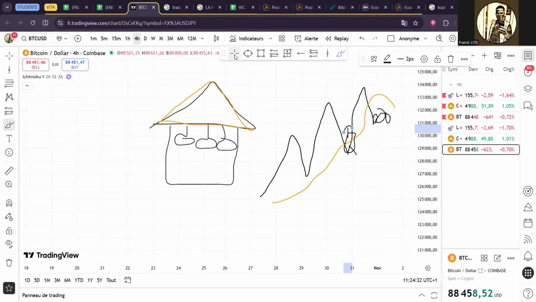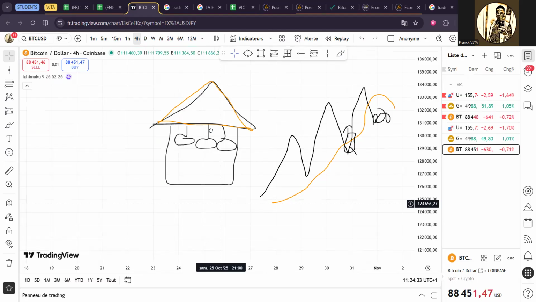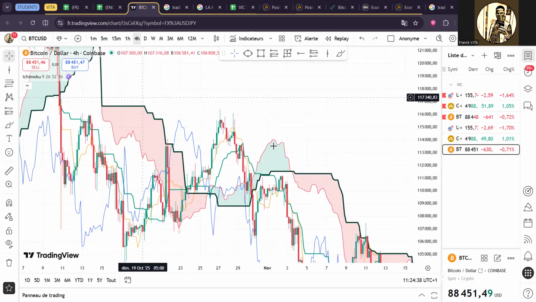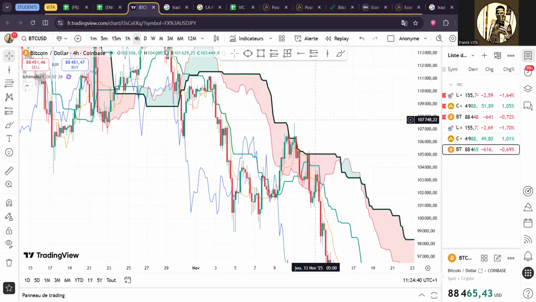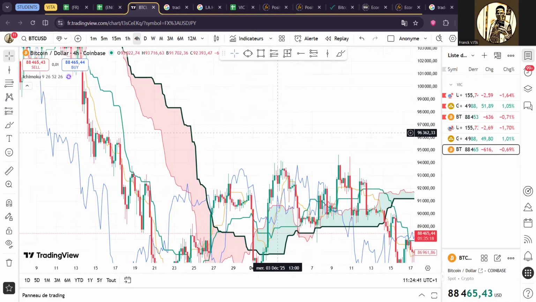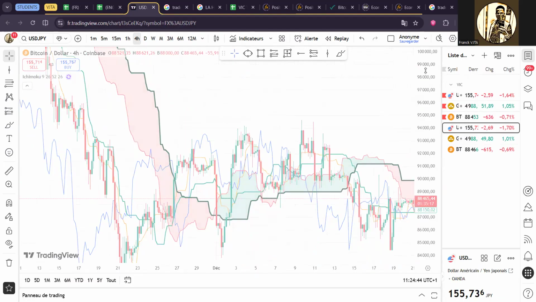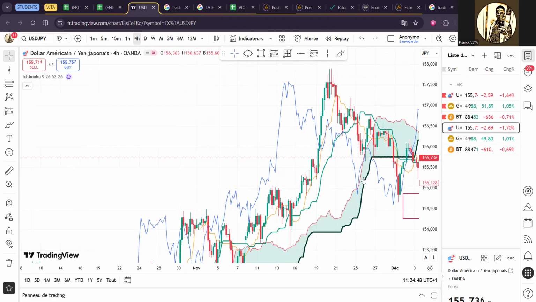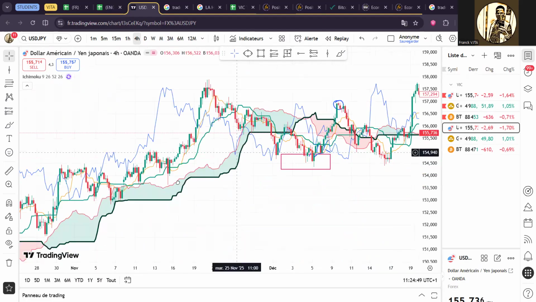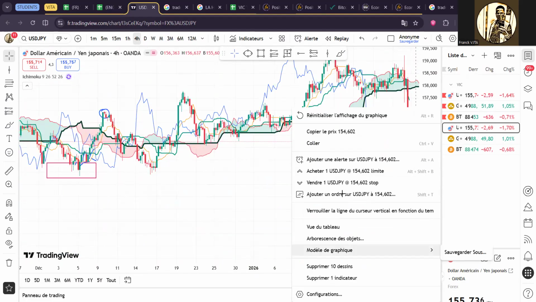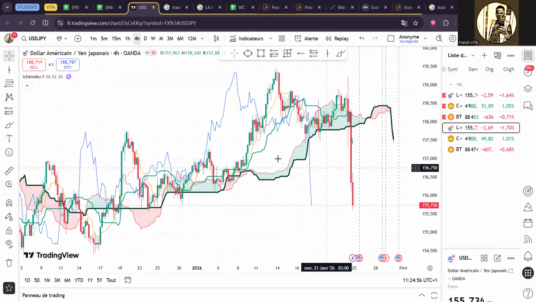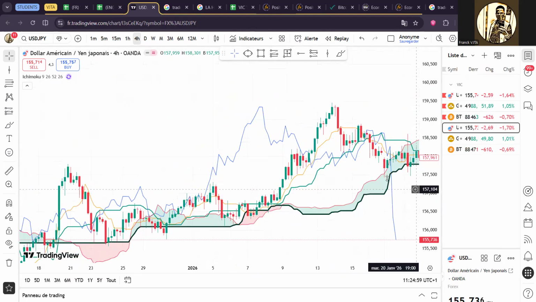So let us look at it closely. Let us take some examples. Let us go on USDJPY for that. Let us take this example.